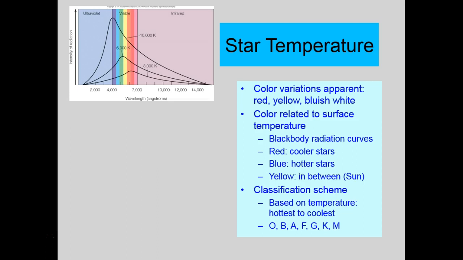But where is the peak of that radiation? The coolest stars are down here, about 3,000 K. Remember, our sun was 5,800 K, right there, just here in yellow. This would be slightly more greenish. And the very hottest stars, those O stars, are up around 10,000 K. Now, this is the surface temperature, yes.